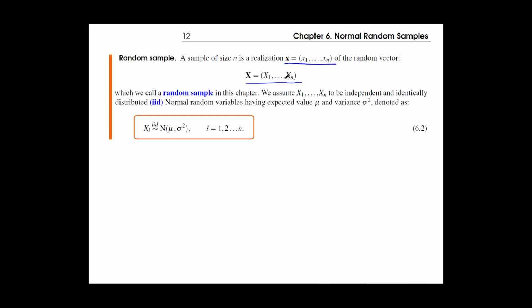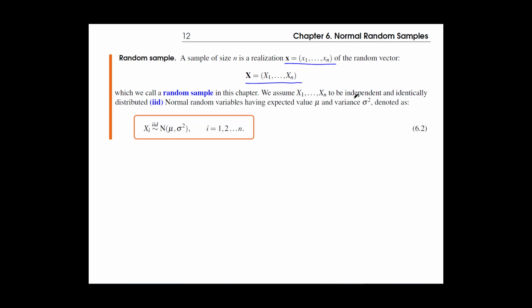And the random vector, capital bold X, represents the random variables themselves. All right. So remember, uppercase means it's like the name of the random variable, and lowercase is the particular number for that particular realization, right? Okay.